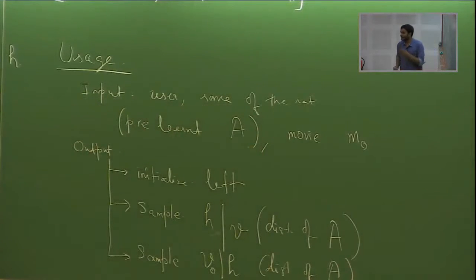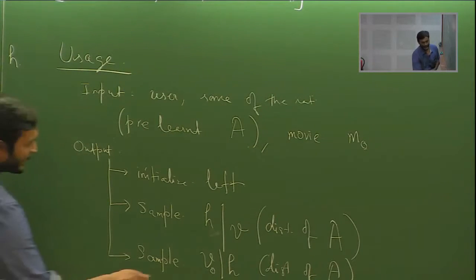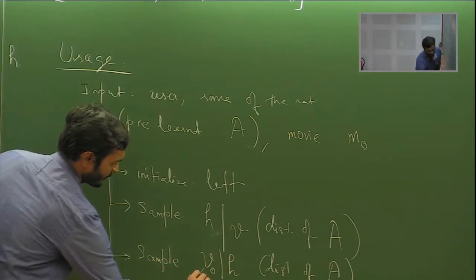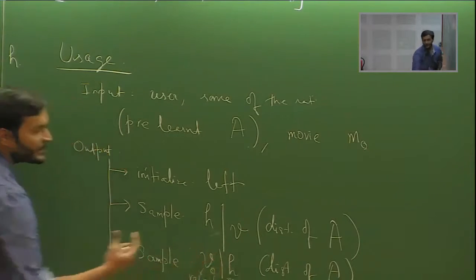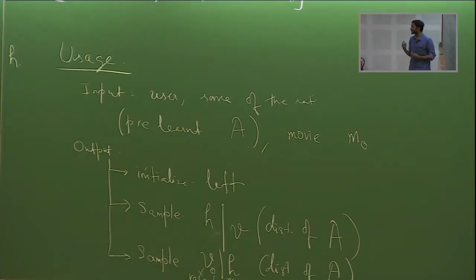Okay? V0 is the rating for M0. And this gives me some probabilistic answer to what the rating would be. If we want the expected value, we could just sample it a few times. Yes?